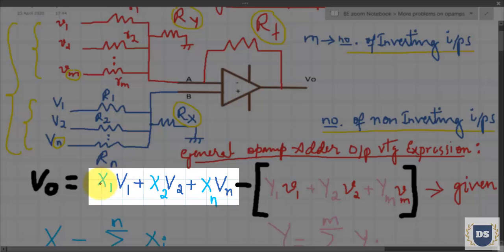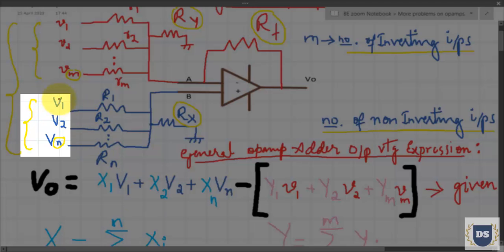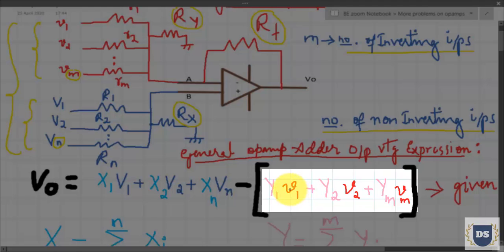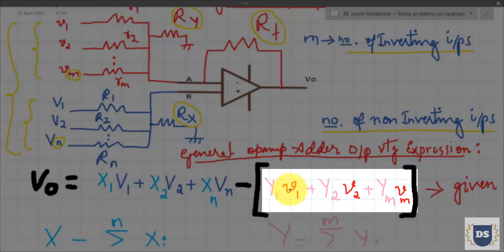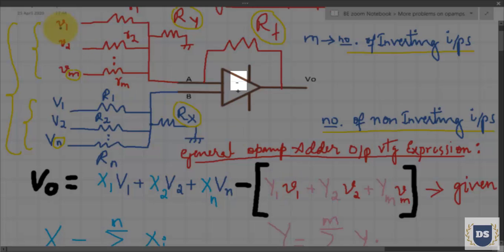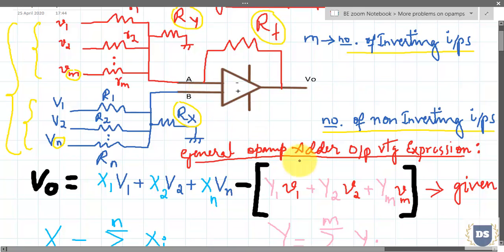The ones associated with capital V are capital in nature, so we are trying to represent the non-inverting input voltages V1, V2 till Vn. In a similar way, within the square brackets I have used small letter v, which indicates the voltage sources associated with the inverting input terminal v1, v2 till vm.